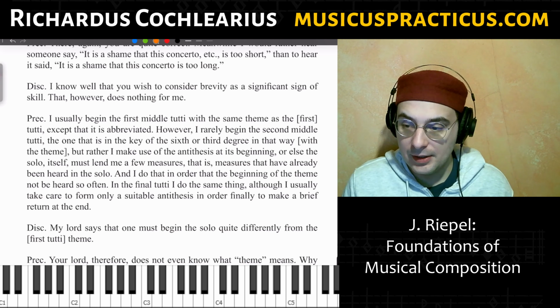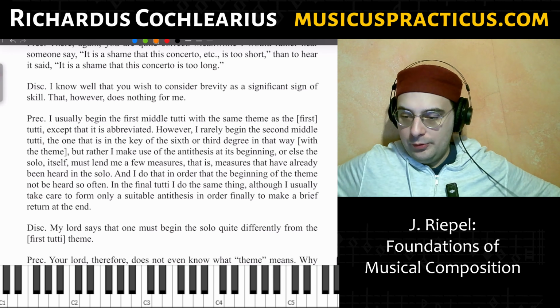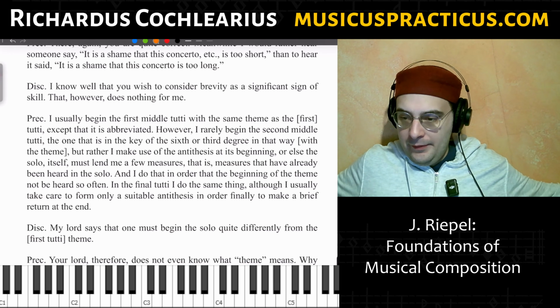I usually begin the first middle tutti with the same theme as the first tutti, except that it is abbreviated.